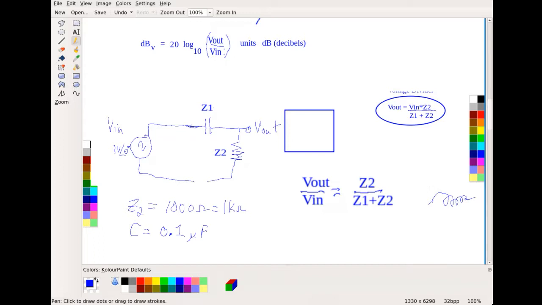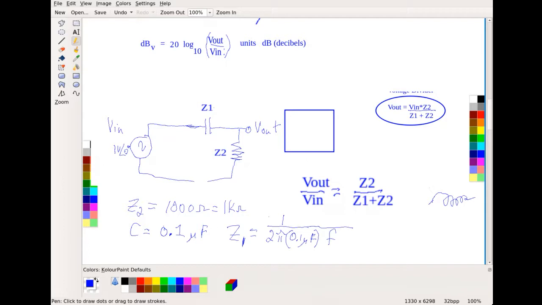All right. And so then, if that's the case, then of course Z1 is 1 over 2 pi times this 0.1 microfarad times whatever frequency I'm going to feed it.